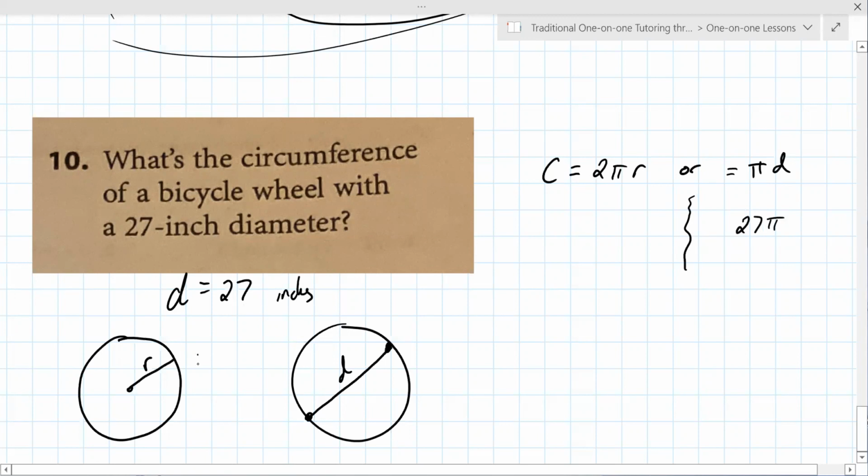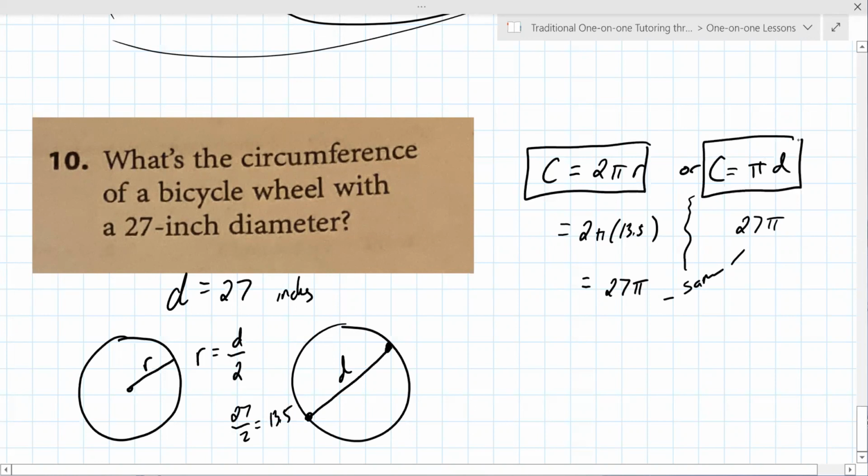The radius is the diameter cut in half, so the radius would be 27 divided by 2, which is 13.5. If you put that in the formula, it's 2 times pi times 13.5. It's still 27 pi. So they're the same, I guess. They're supposed to be. Both formulas are valid.